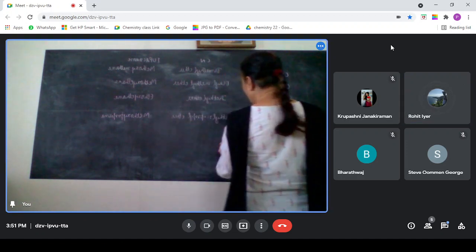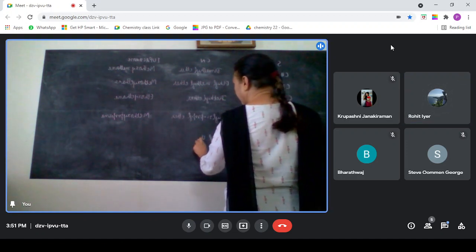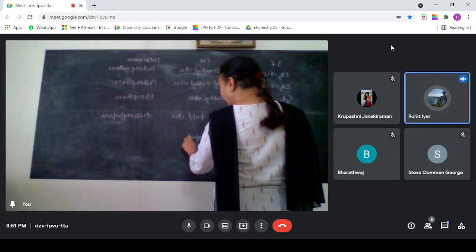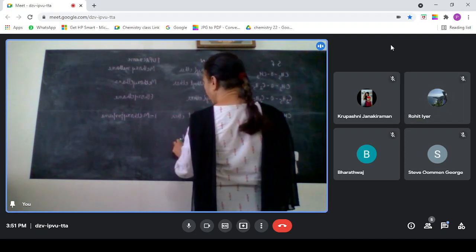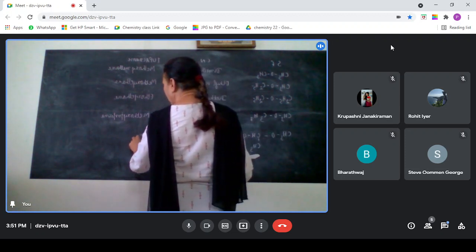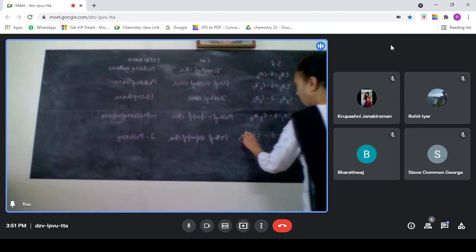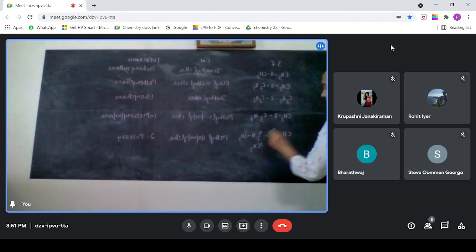Here also, methyl isopropyl ether correct. Ma'am, and 2-methoxypropane. Here also, you have to mention 1-methoxy. I forgot that. 2-methoxypropane. That will be 1. See, you have to number it like this: 1, 2, 3. So, on the second carbon atom, there is a methoxy group.